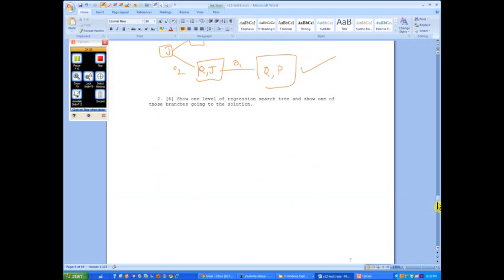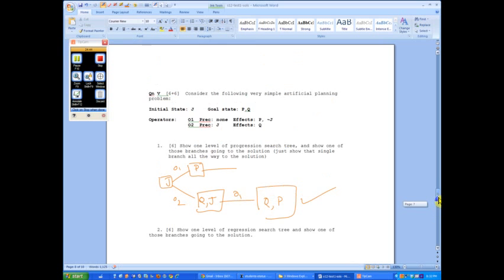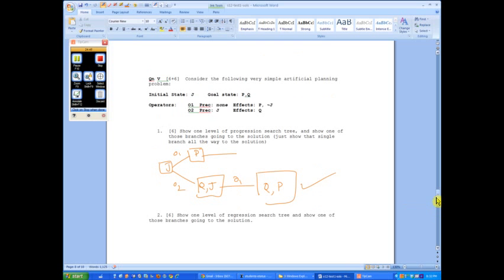Now doing the regression, you start from the goal state P, Q, and then you can have O1 as the last or O2 as the last. Is it possible to have O1 as the last?